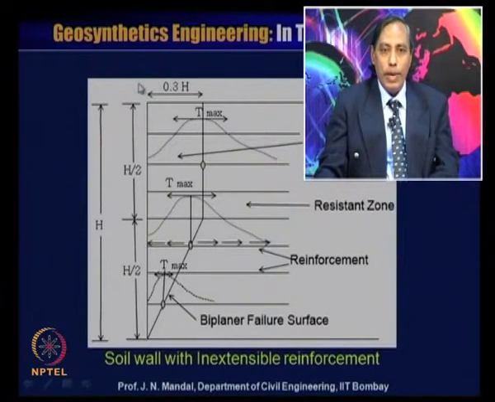And if h is the height of the reinforced wall, then this distance will be equal to 0.3 times the height of the wall. Now, this biplanar failure surface is divided into two parts. This is the active zone and this is the restraining zone.